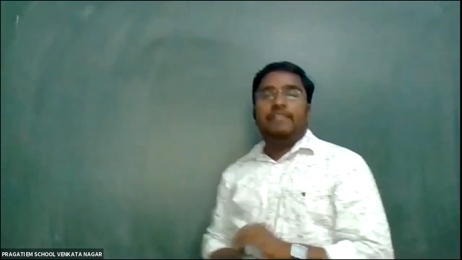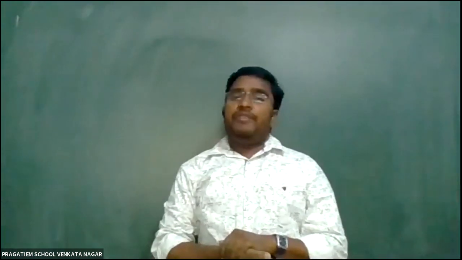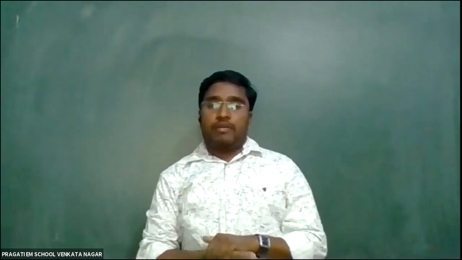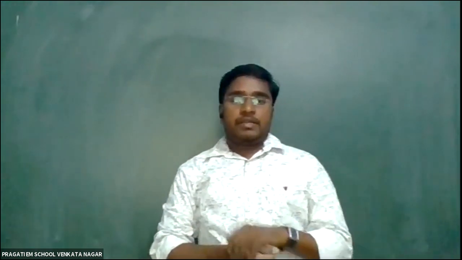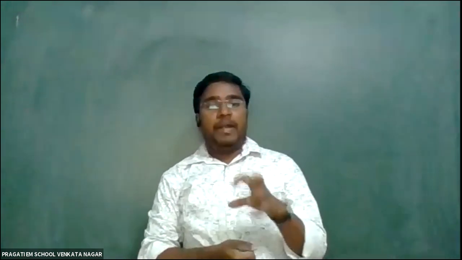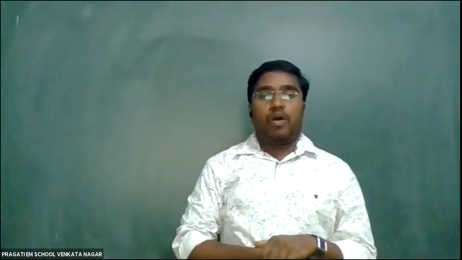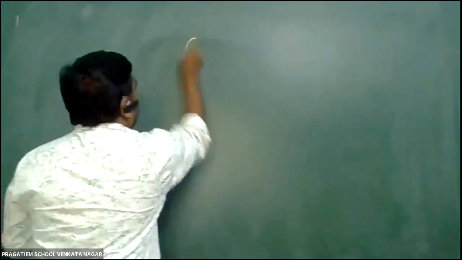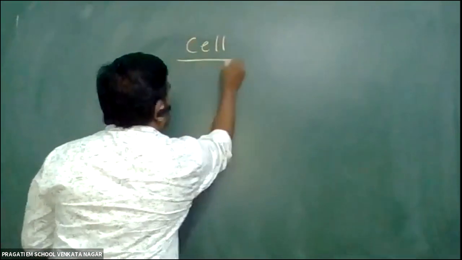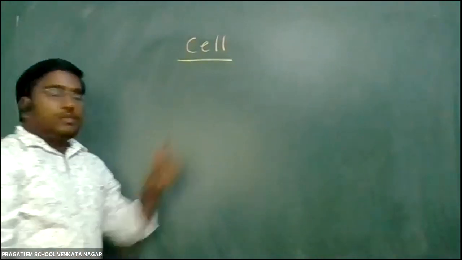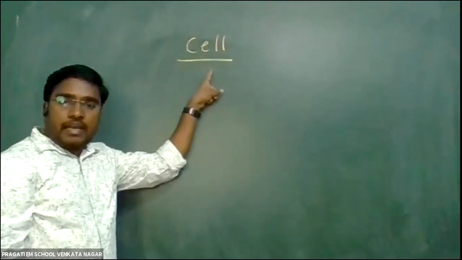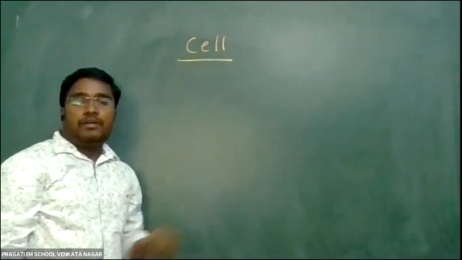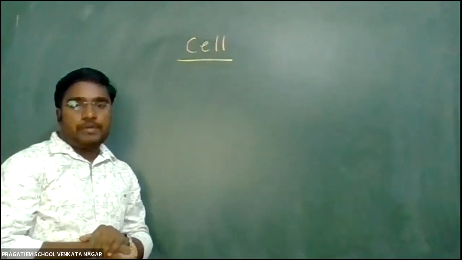Composition of living organisms. Living organisms are composed of minute components, structural units or building blocks of life, which are called cells. In 8th class, we learned that the cell is the basic and fundamental unit of the living organism.